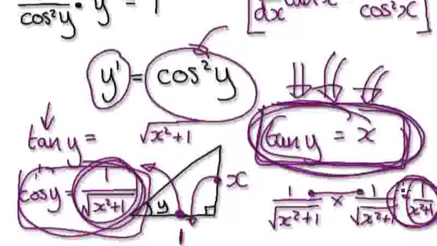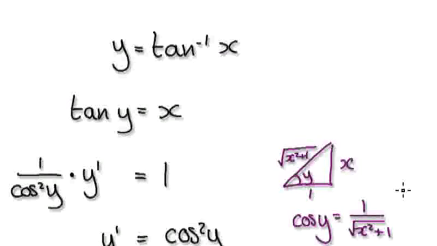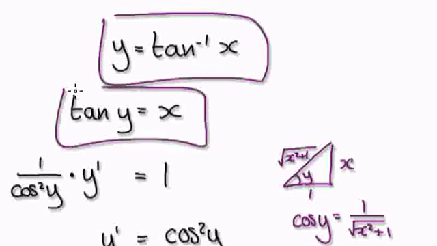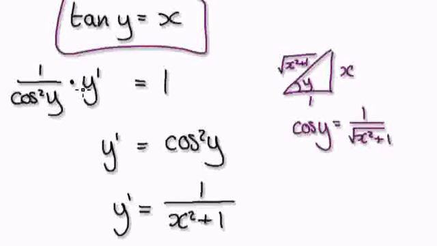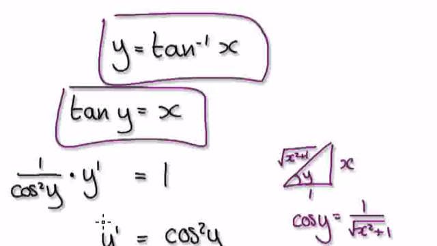Alright, let me just repeat it. We started out with this. Take tan of both sides, that gives you this, and then using implicit differentiation we get to this stage.